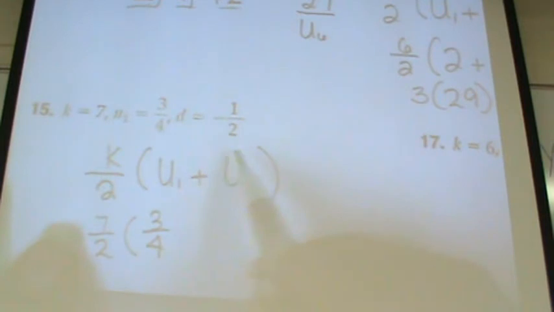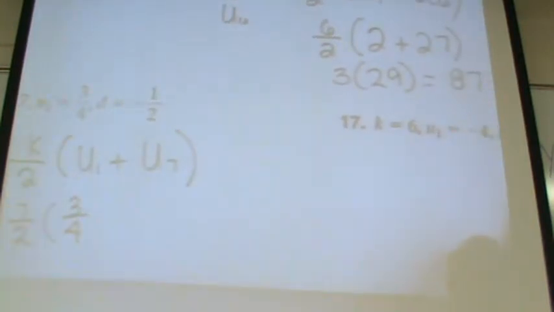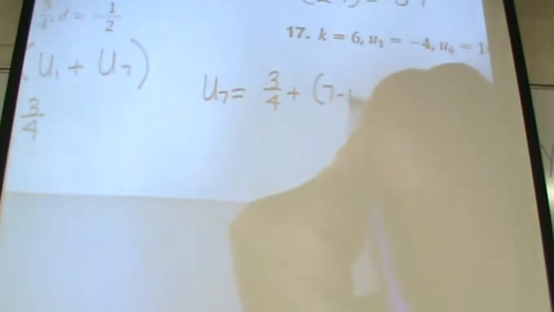Now, if this is going down by a half, let's say we don't know what the 7th term is. On the side, we can use a formula to figure out what the 7th term is. That would be U sub 7 is equal to the first term, which is 3/4, plus 7 minus 1 times -1/2.